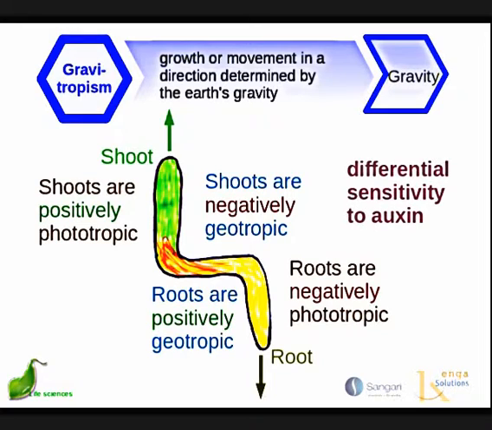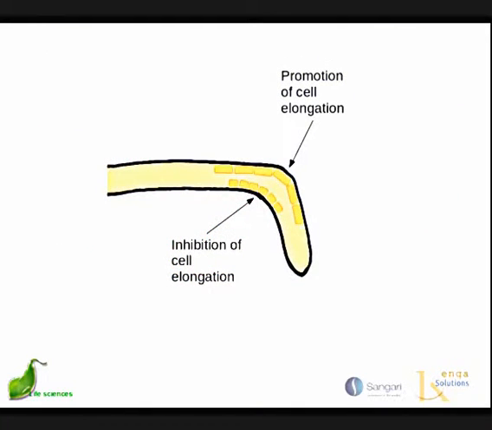And this is all under the control of auxin, but there is differential sensitivity to auxin between the roots and the shoot. Now, geotropism, just like phototropism, is a result of differential cell elongation. Okay, so that's enough for auxins right now.